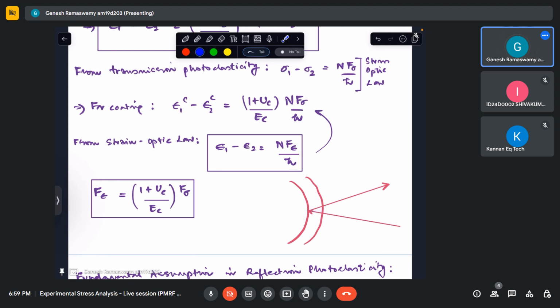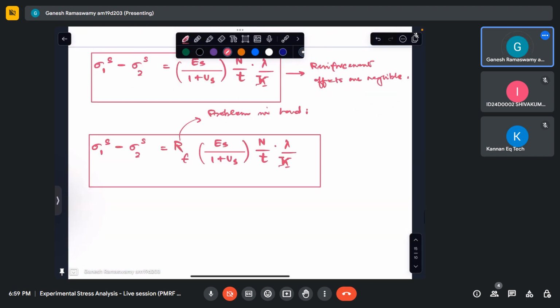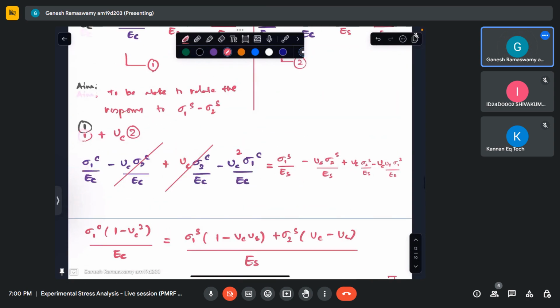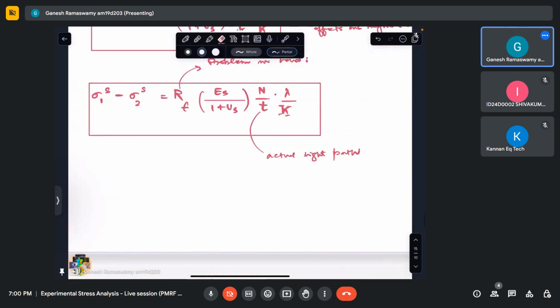Somewhere down the derivation H became T, but when I post it, I'll correct it. Essentially, this will be twice the coating thickness, sorry, coating thickness.